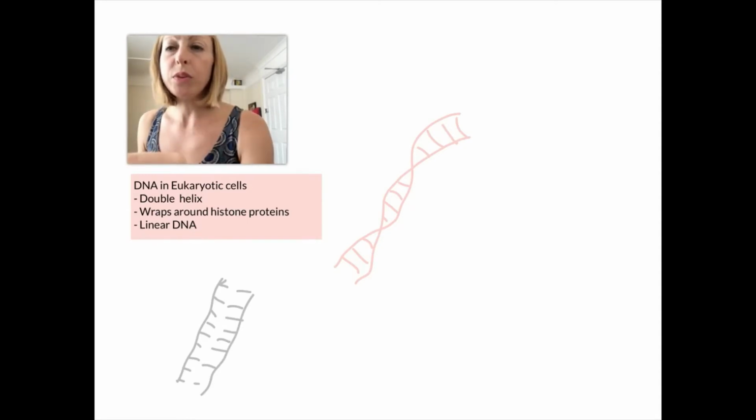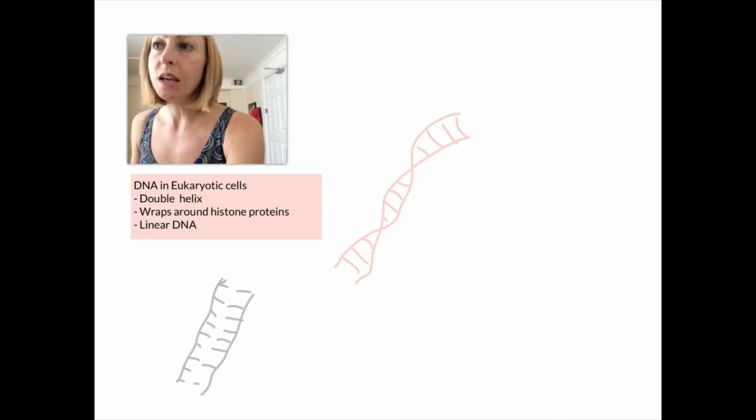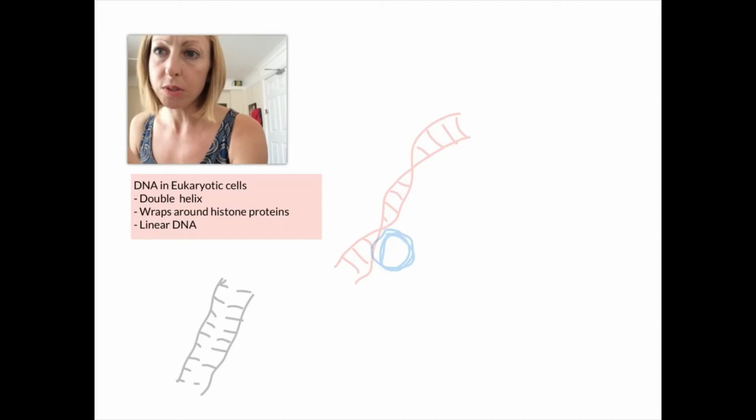Now, if we think of our DNA like this, DNA inside a eukaryotic cell is wrapped around proteins. I'm just going to draw some of these proteins in here. These proteins are called histone proteins.